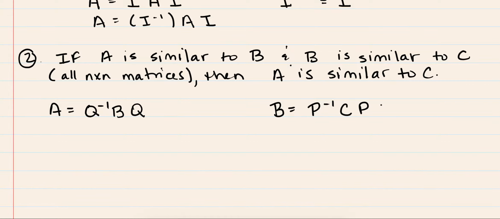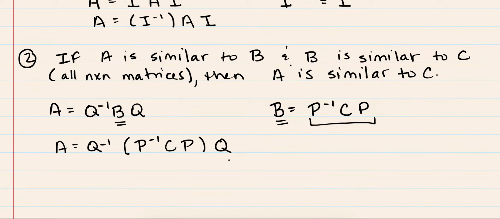Well, since right here I have a B, and here I have a B, I can substitute this in for B, and I get A is Q inverse times P inverse C P Q. And I can rearrange these parentheses because we know that matrices are associative under multiplication.